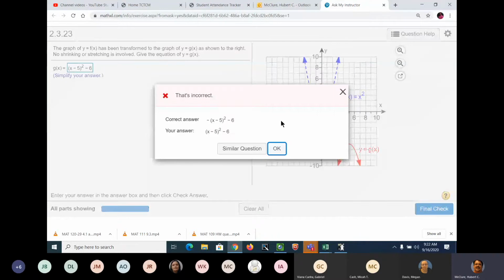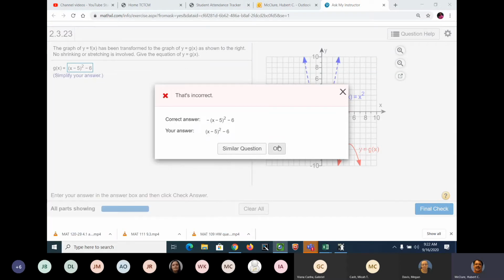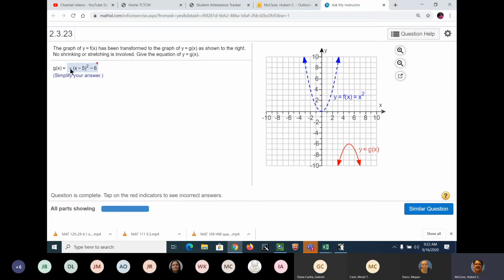Oh, I forgot. It's going the opposite direction. I'm sorry, that's my mistake. I didn't even notice that. Duh. That's my fault. Yeah, it's supposed to be negative. But the horizontal shift and the vertical shift are right there and right there.